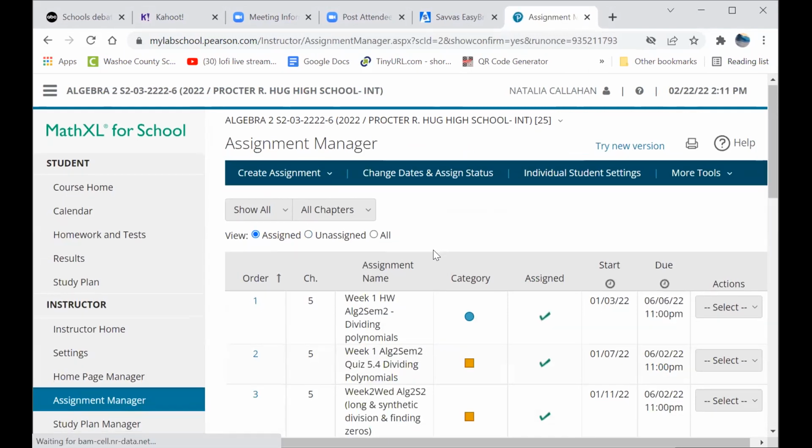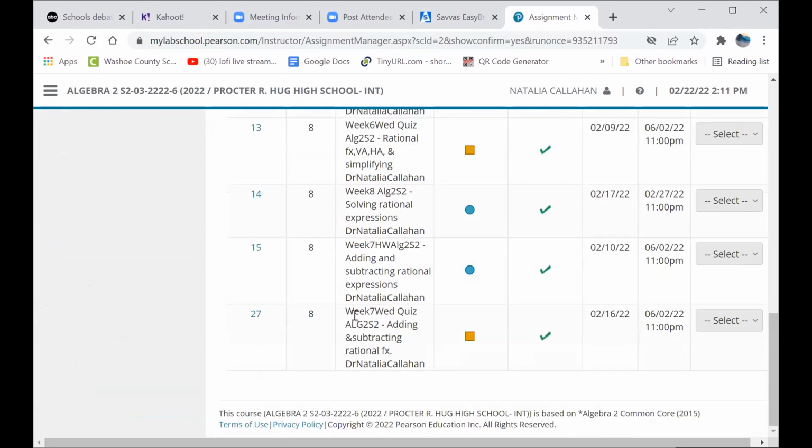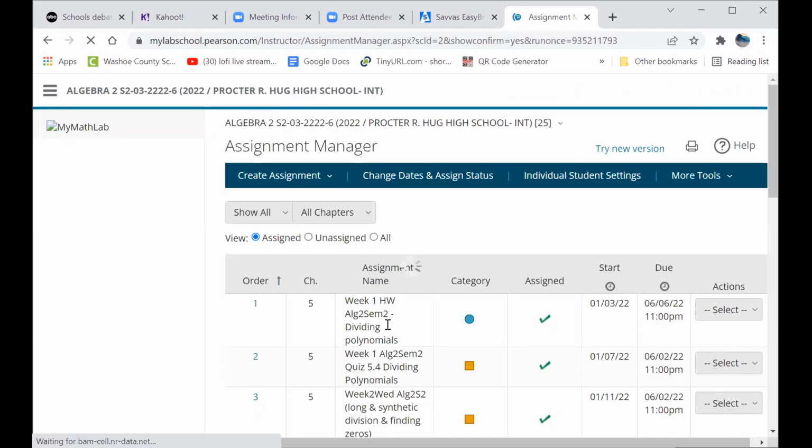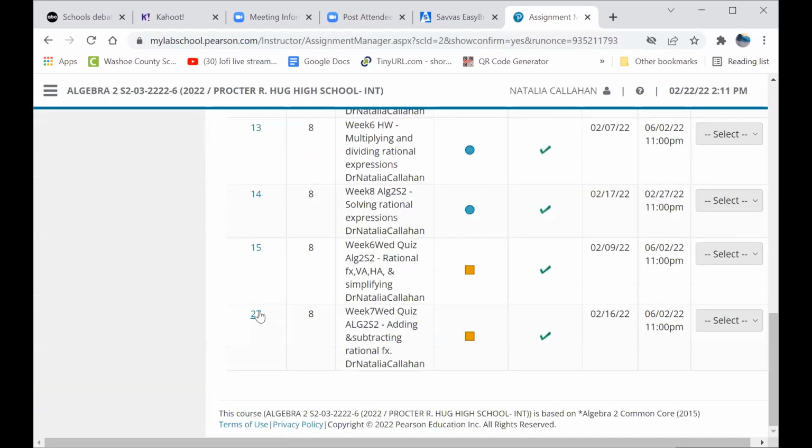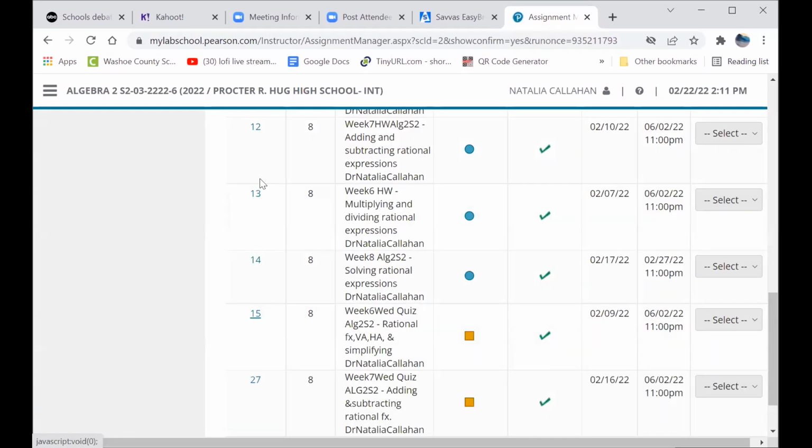So if you look under assignment, you should have the week 8. Week 8, right here at the very bottom. Let me move this up a little bit.